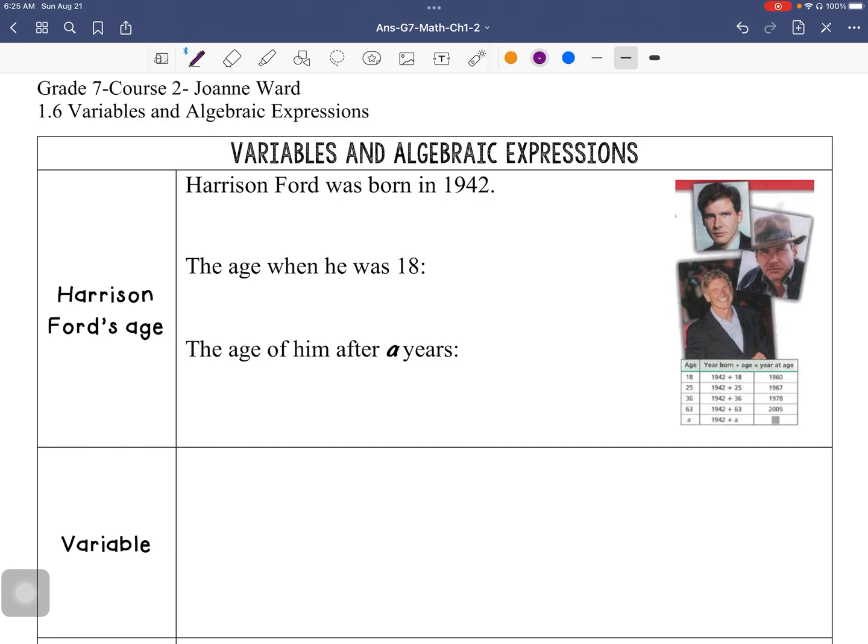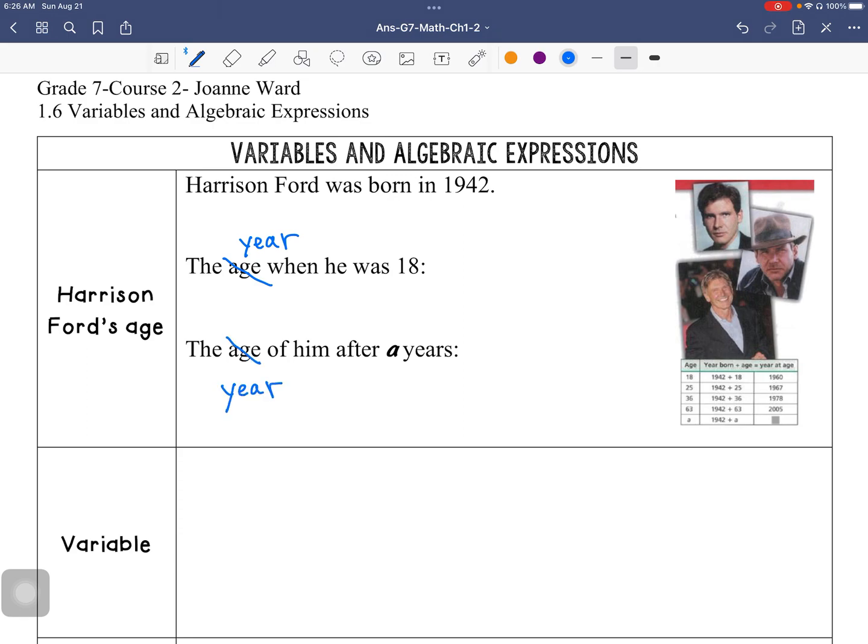So the age when he was 18. This is the age of him when he was 18, and this is the year.